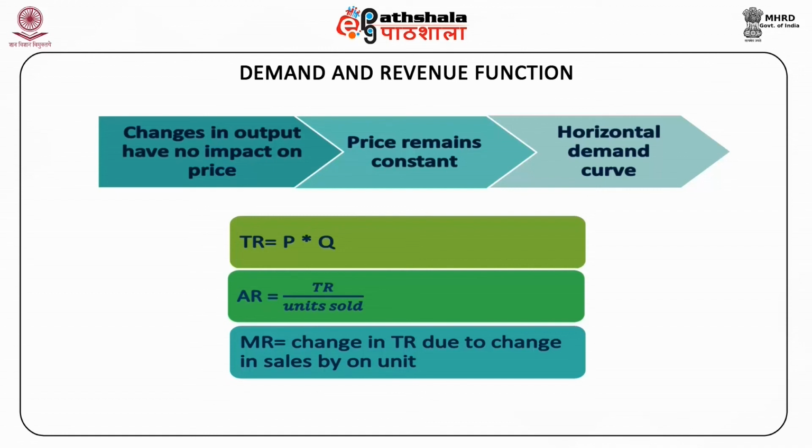As long as the amount of output does not affect the market price significantly, the marginal revenue is equal to the average revenue, which is always equal to the price because of the assumption that variations in output sold by an individual producer do not have any impact on the market price.